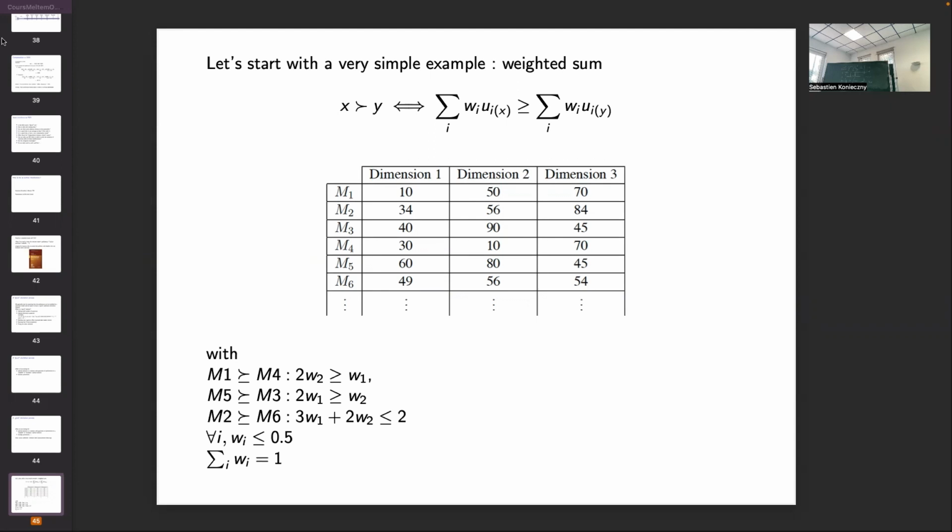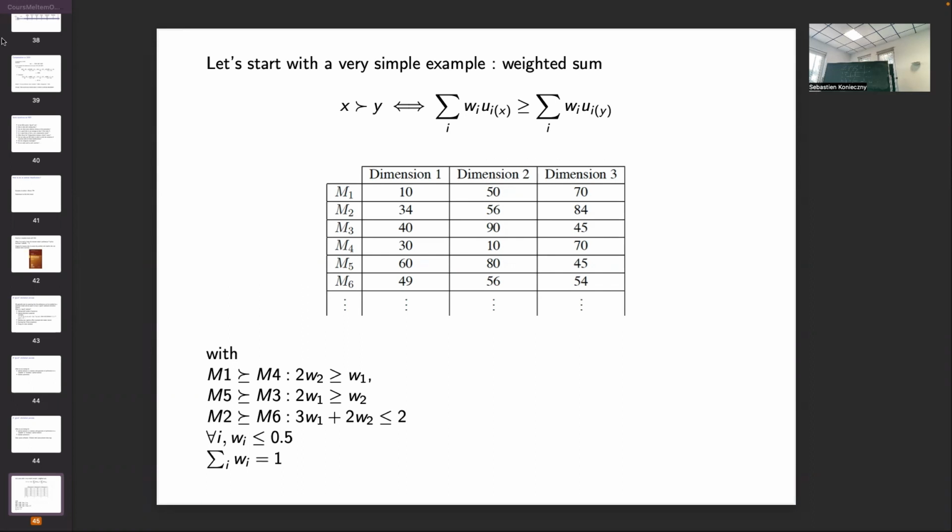But I have an expert who will say that M1 is better than or equal to M4, okay? So M1 is better than M4. Then I know that 10W1 + 50W2 + 70W3 is greater than 30W1 + 10W2 + 70W3.